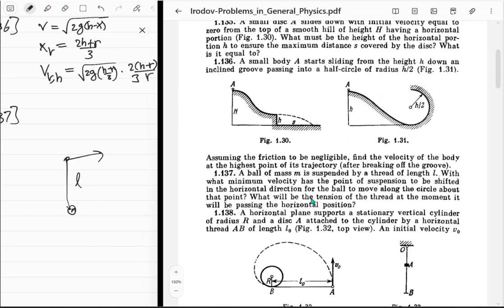Huh? What? Shifted in the horizontal direction to point.